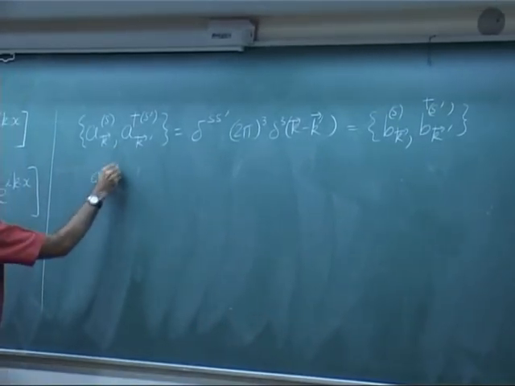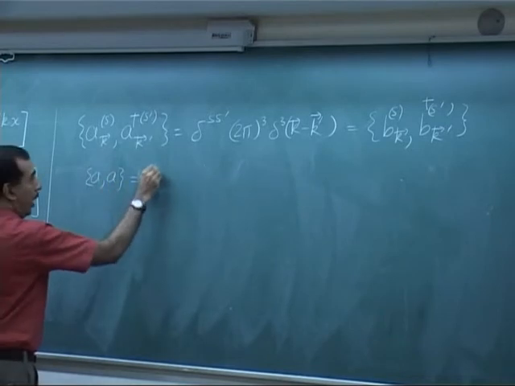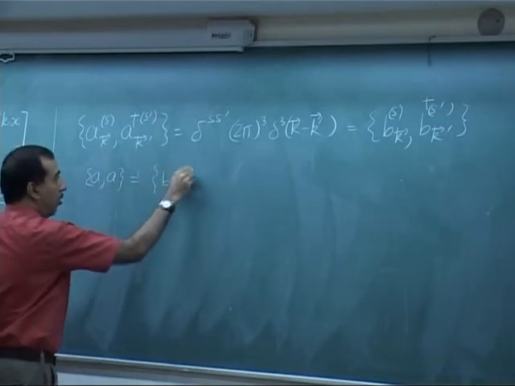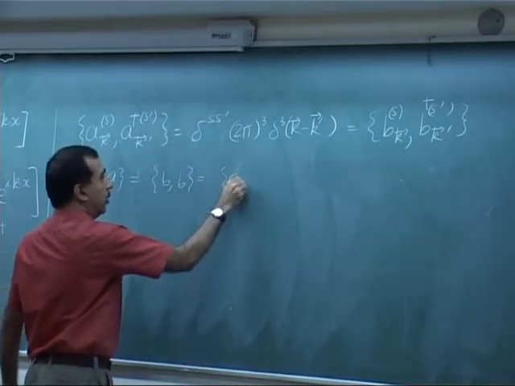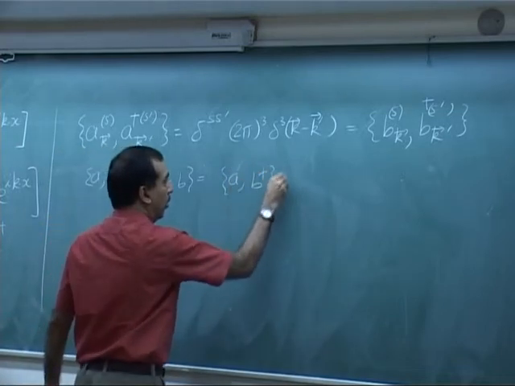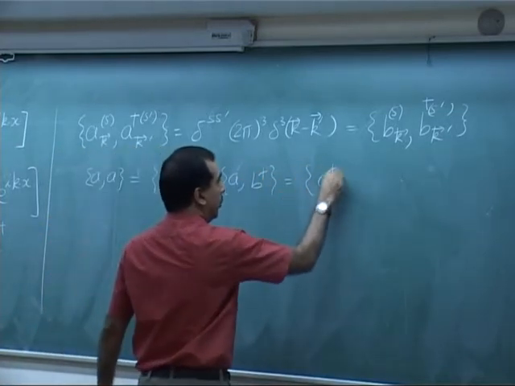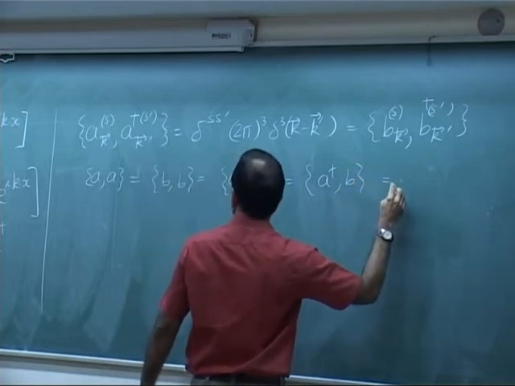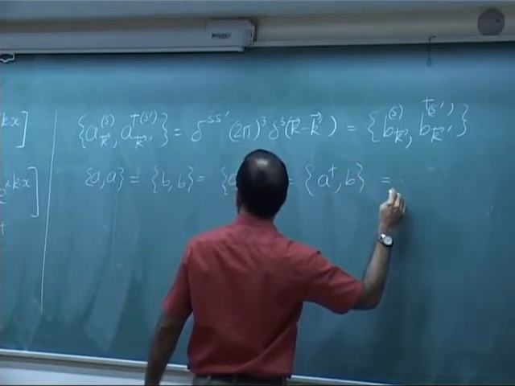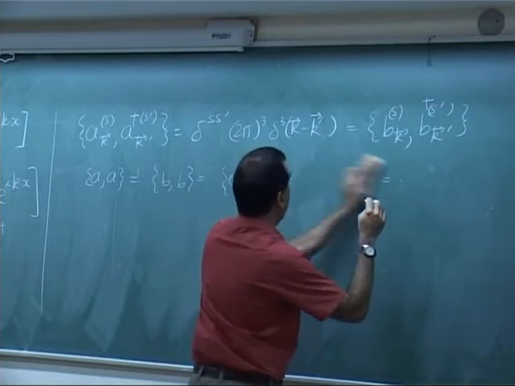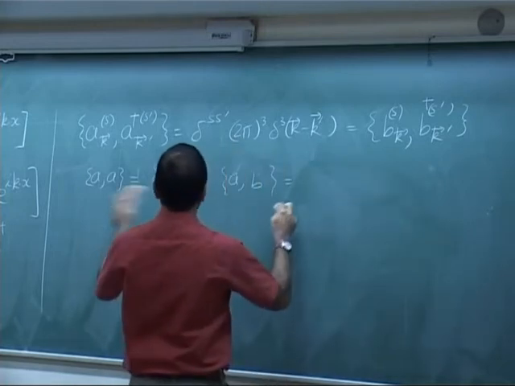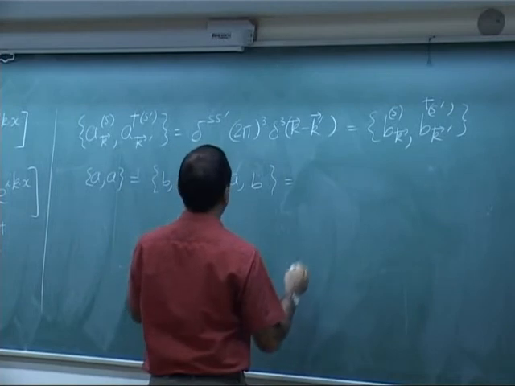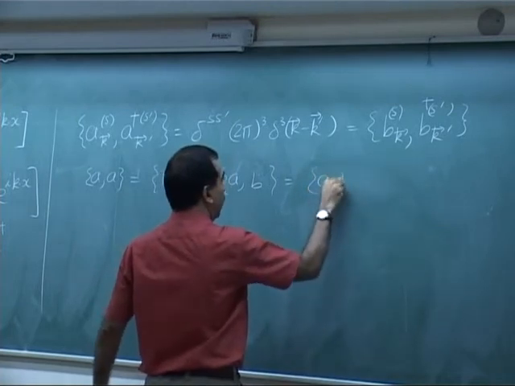So any a with any a, any b with any b, any a with any b dagger, any a dagger with any b. What else is left? a with b, and a with a, a dagger, b. I think these are enough.